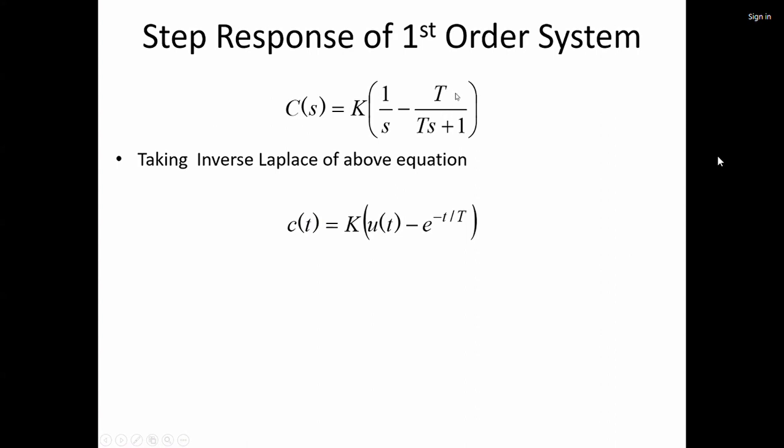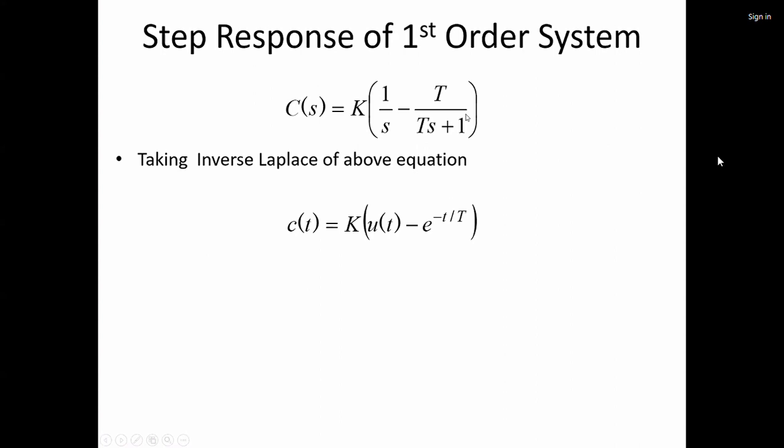And the Laplace inverse of kt over ts plus 1: if you take t common from the denominator, which will get cancelled with this t, you will have s plus 1 over t.